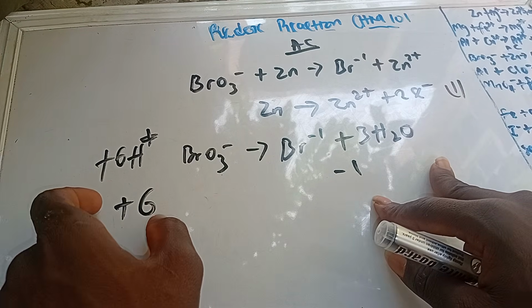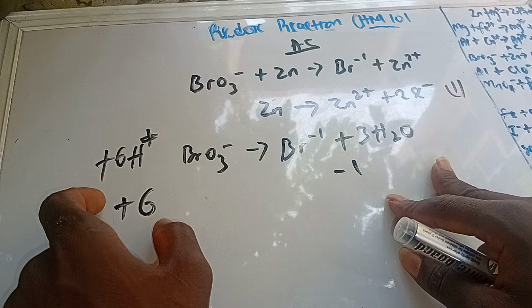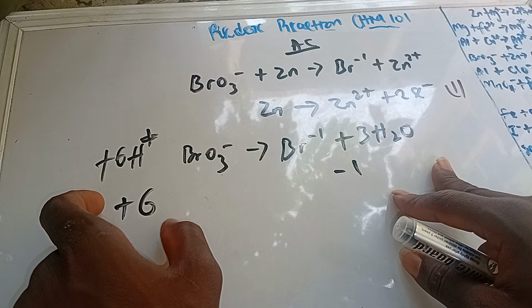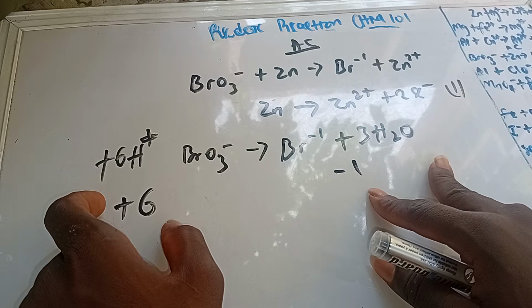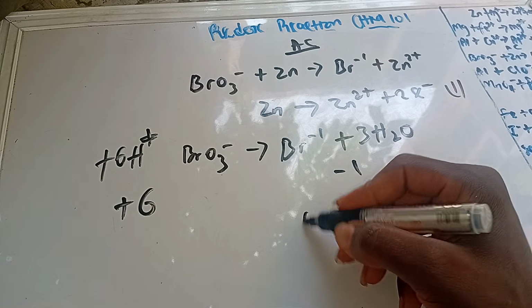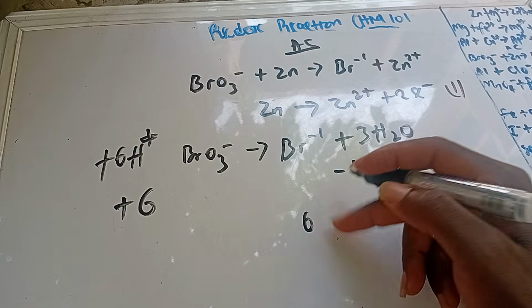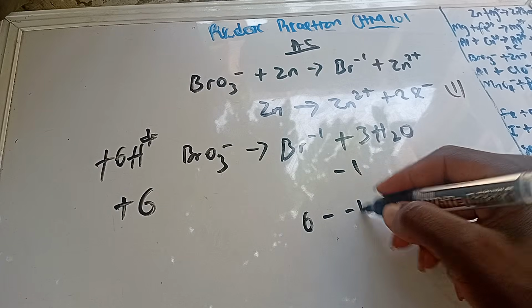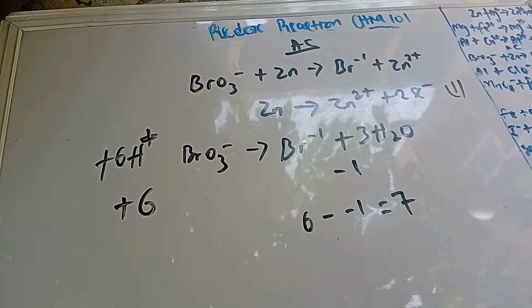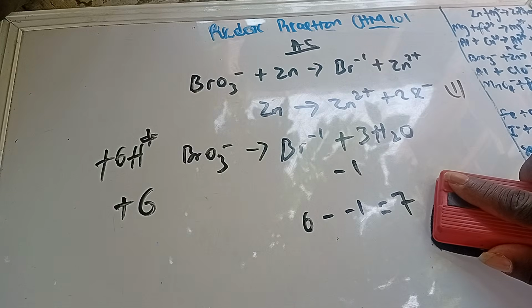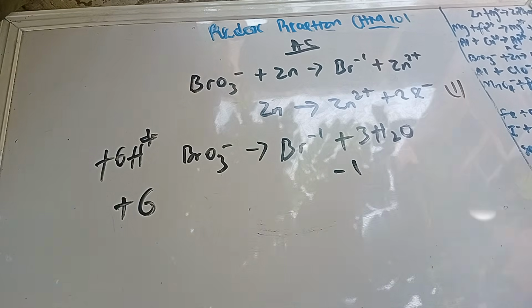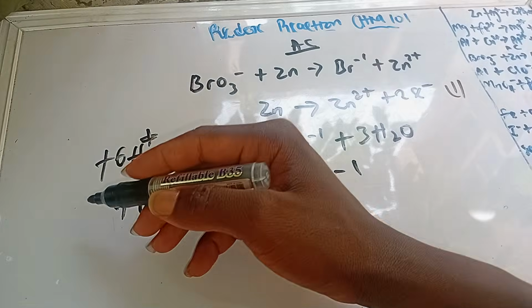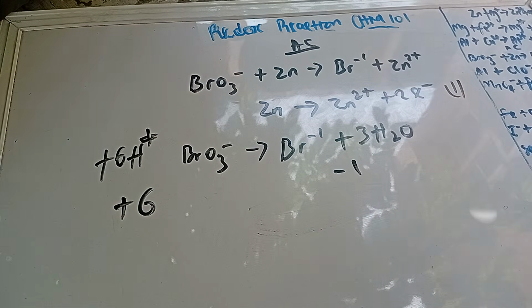What makes 6 plus equal to minus 1? By adding what? Let's say 6 minus 1 equals 7. Yeah, 6 minus 1 equals 7 is subtraction actually.